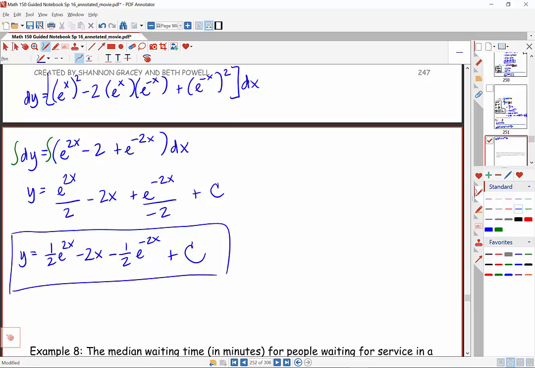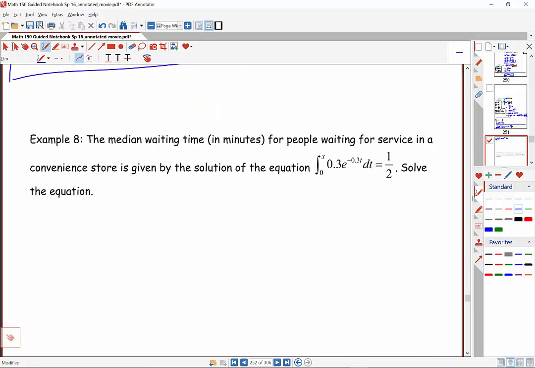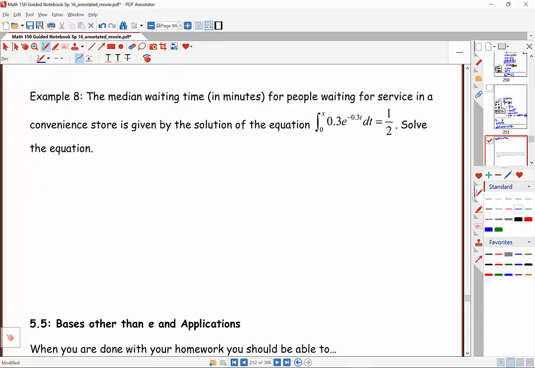Okay, here's an application. The median waiting time in minutes for people waiting for service in a convenience store is given by the solution of this equation. We want to solve it. So we've got the integral from 0 to x of 0.3 times e to the negative 0.3 t dt, and we integrate.